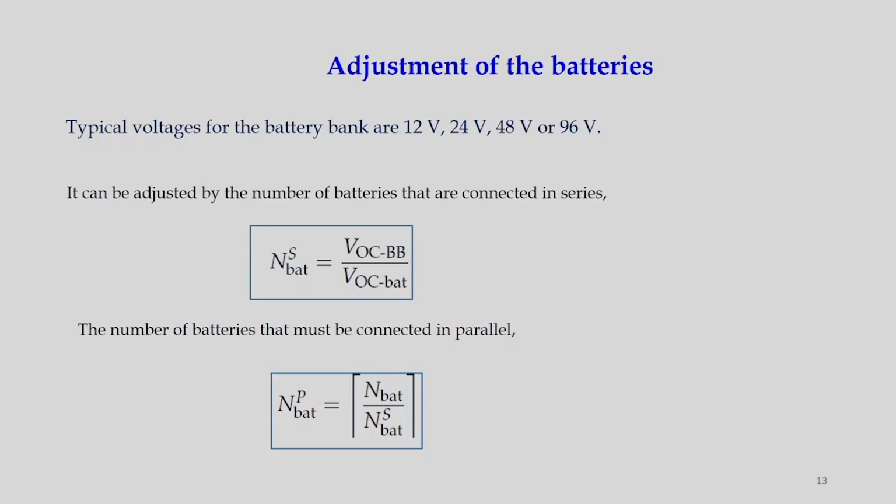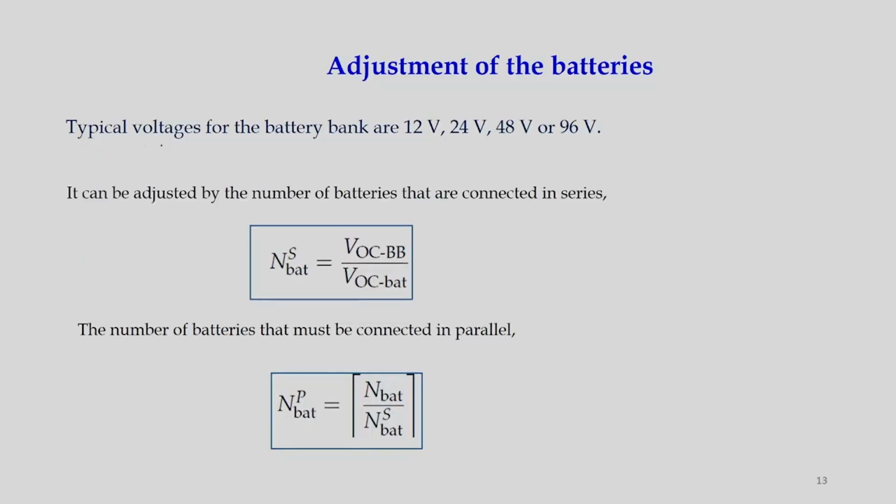Now, we must know the number of batteries to be connected in series and the number to be connected in parallel. A typical voltage for a battery bank may be 12 volt, 24 volt, 48 volt and 96 volt. These are specified in the case of lead acid batteries. It can be adjusted by the number of batteries connected in series.